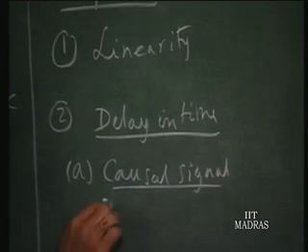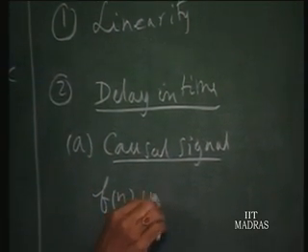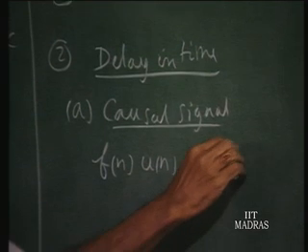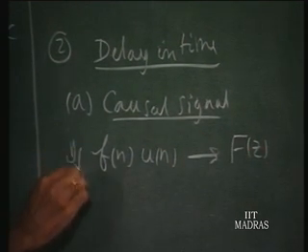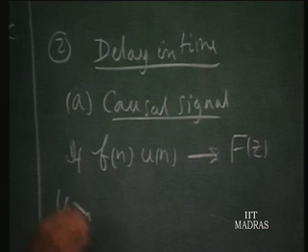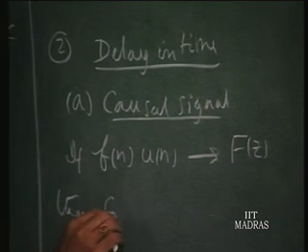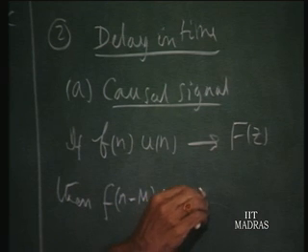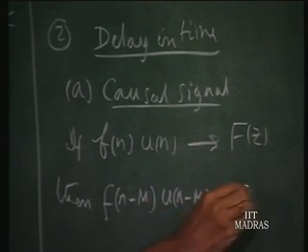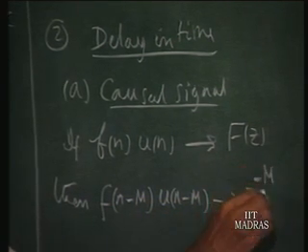If f(n) u(n) has the Z transform F(z), we said then if this function is delayed by m units, f(n minus m) u(n minus m) has the Z transform z to the power minus m F(z).